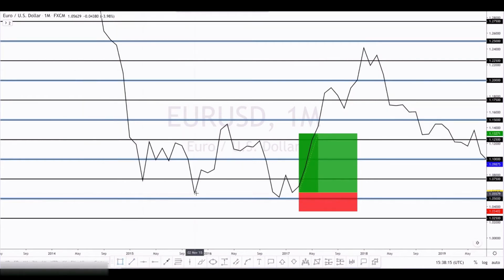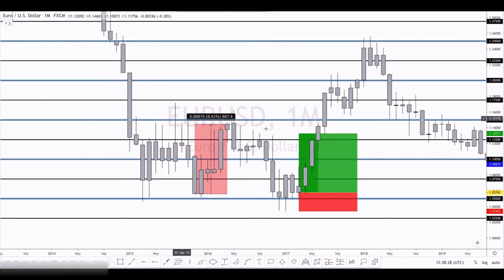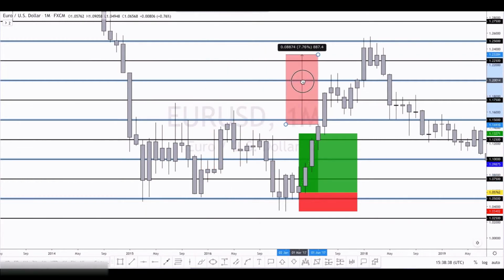I would say to myself, that's our high, that's our low, and that's our high. You can see on average we're around the 887 pip range, even though we know at worst it's 1000 pips give or take, but 800 pips would be the minimum you could expect.